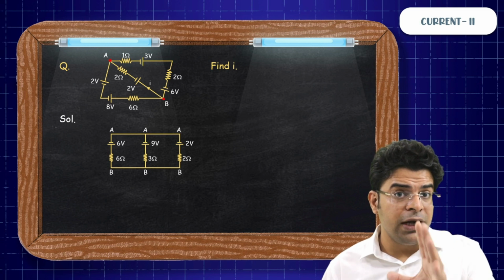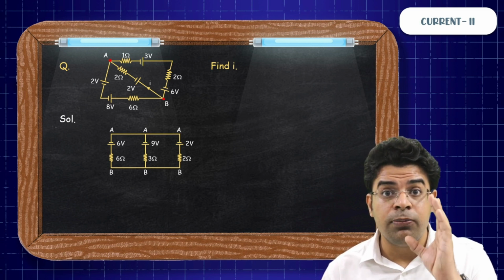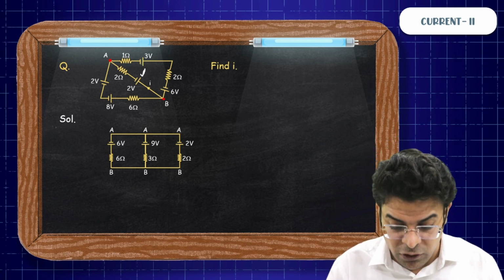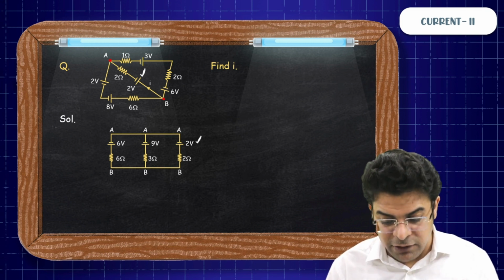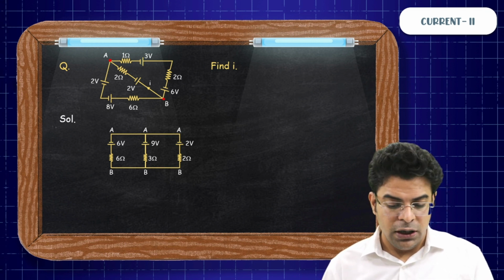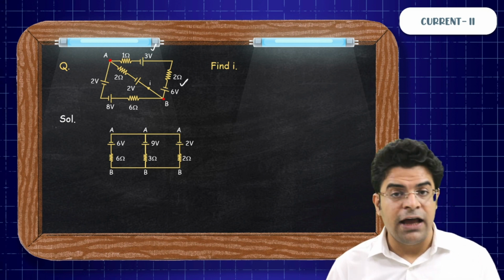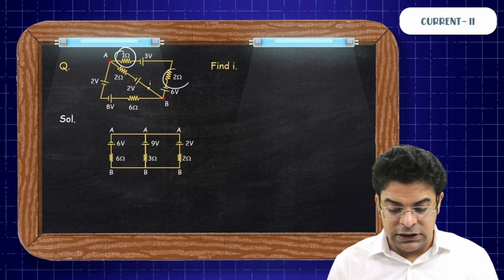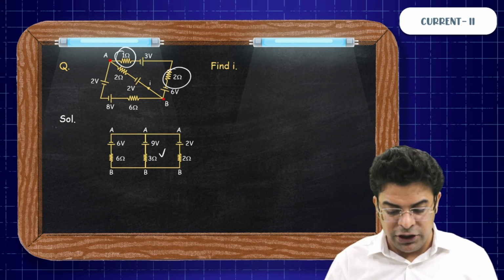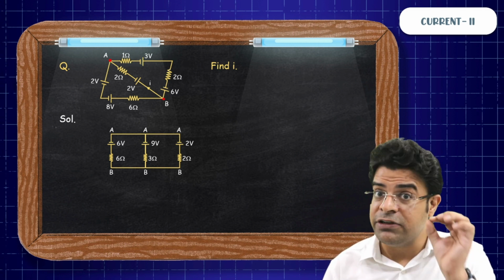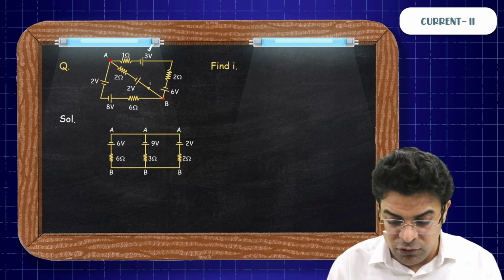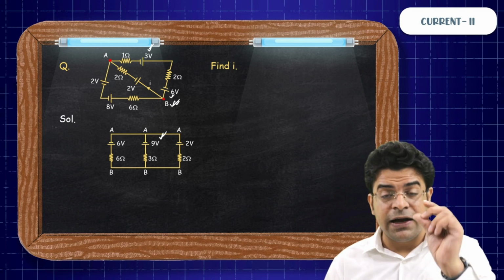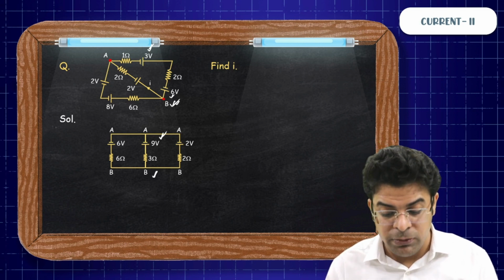Beta, when you redraw, be very cautious about the polarity of the batteries. This battery wants which one higher? B higher. This battery wants which one higher? B higher, right? Now, replacing these two cells, I have placed a single cell of 9 volt. And replacing these two resistors, I have placed a single resistor of 3 ohm. But while placing the cell, I was extra cautious that this 3 volt wants B higher, 6 volt wants B higher. So this 9 volt, the effective of 3 and 6, wants B to be higher.